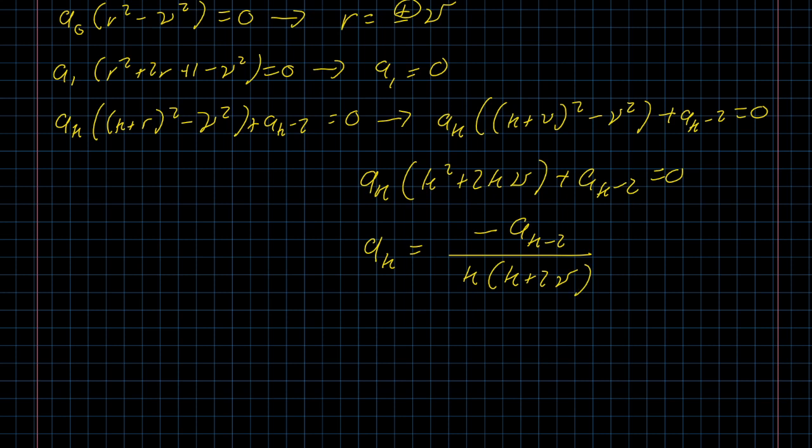And so from here, the only thing we have left to worry about is this a naught. And we could pick any value of a naught we would like as our starting point and be able to go from there.